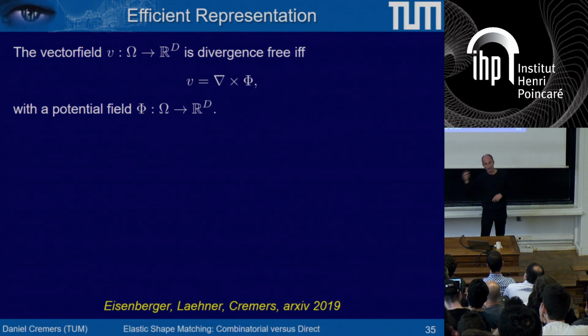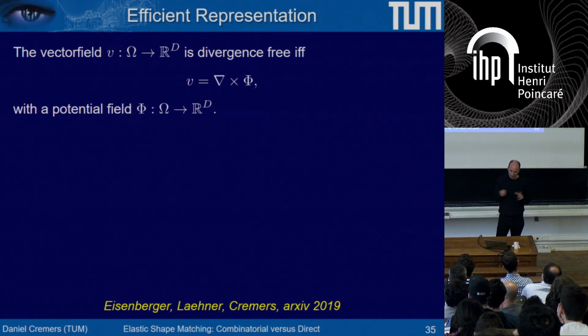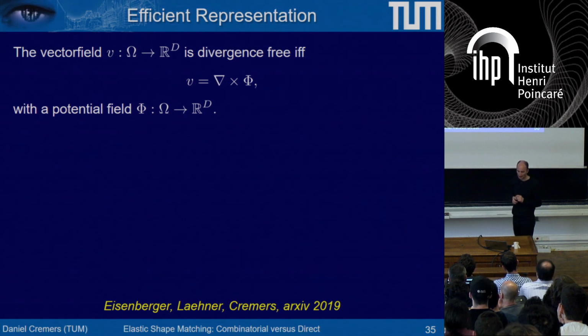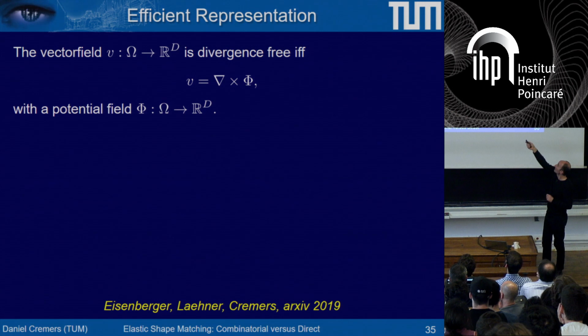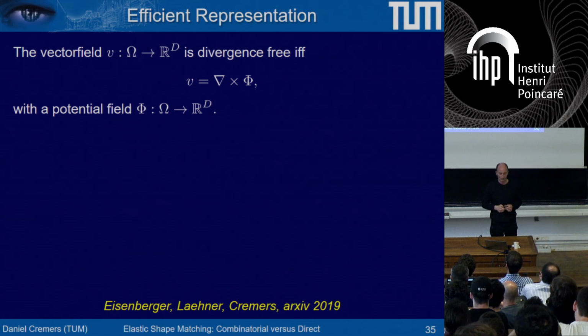And so rather than searching for a vector field, we can go ahead, at least for sufficiently smooth vector fields, one should say. And we're assuming that we have C infinity vector fields here. That means rather than searching for a suitable vector field, we can search for a suitable potential field. And then the vector field given by the rotation of this potential field is by construction divergence-free.